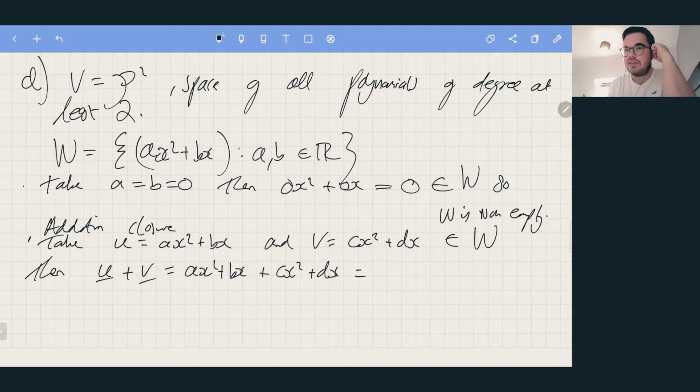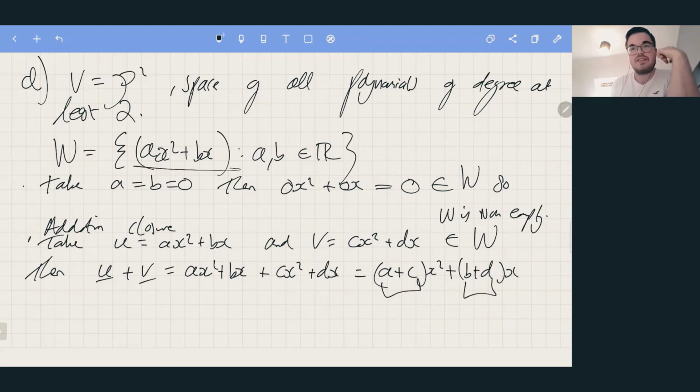We can factorize this by collecting common terms. So we'll get (a plus c)x squared plus (b plus d)x. As you can see, this is a scalar, this is a scalar, so it's in the same form as everything in W. So this thing here is indeed in W. So we are closed under addition.